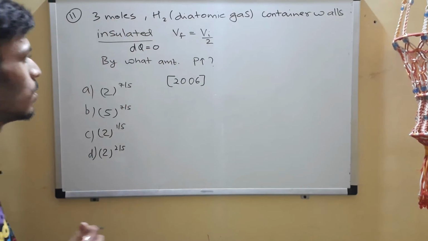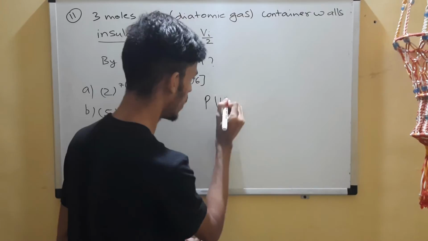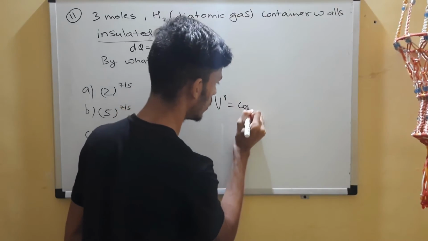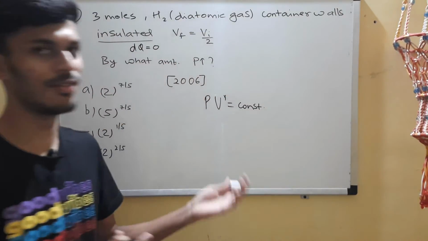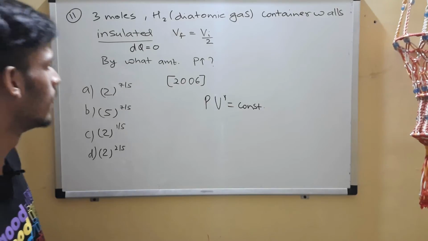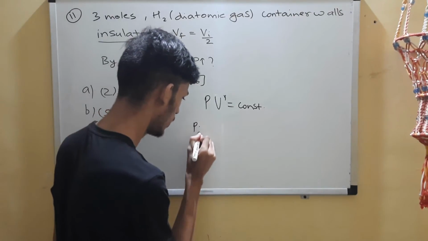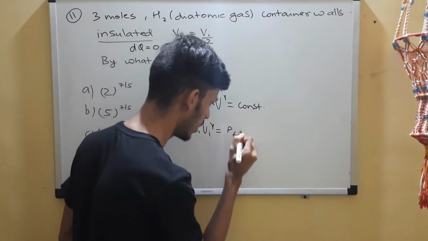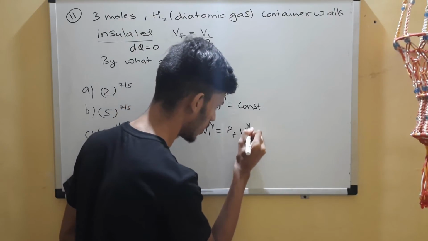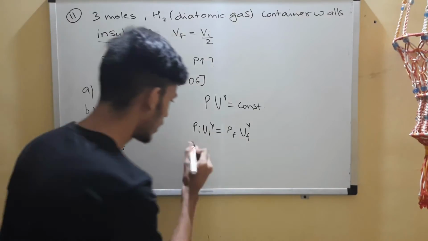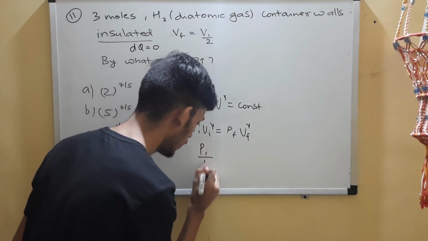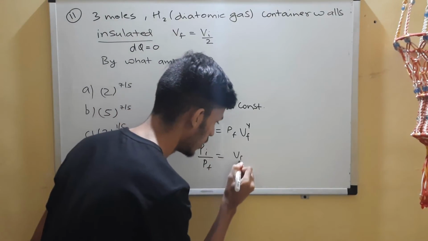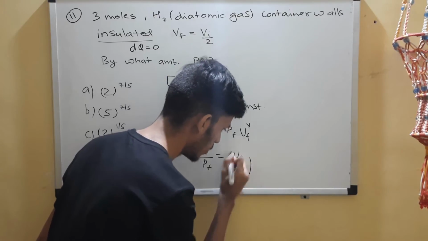What we are going to use is PV raised to gamma will be constant. For an adiabatic process, PV raised to gamma is constant. So we'll use P initial into V initial raised to gamma equals P final into V final raised to gamma. Like terms together, P initial by P final equals V final by V initial raised to gamma.